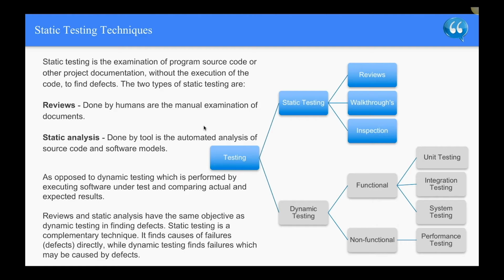As opposed to dynamic testing, which is performed by executing the software under test and comparing the actual and the expected results. Reviews and static analysis have the same objective as dynamic testing: to find defects. Static testing is a complementary technique. It finds the causes of failures, defects, directly, while dynamic testing finds failures which may be caused by defects.